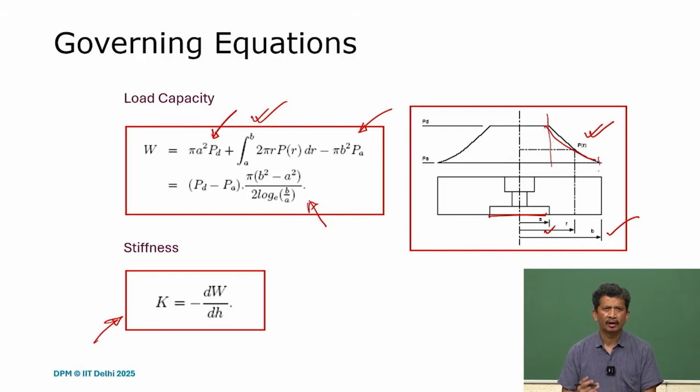We can always use, for instance, MATLAB to solve it and try to find the load capacity for a given geometry of the air bearing pad, and what would be the stiffness given the supply pressure of the air.